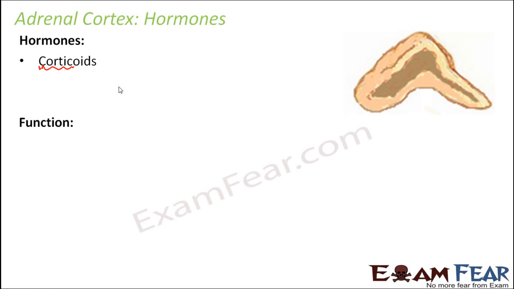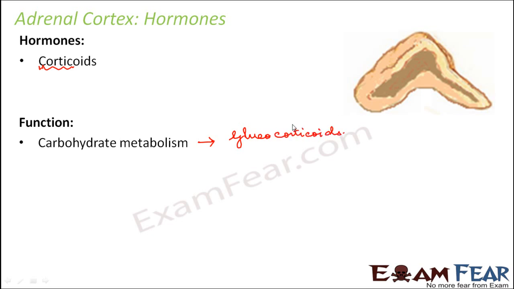So let us look at the function of the corticoids. It helps in carbohydrate metabolism, and those corticoids which help in carbohydrate metabolism are called glucocorticoids, because carbohydrate is related to the word glucose. And one example of a glucocorticoid would be cortisol. So cortisol is an example of a glucocorticoid which helps in carbohydrate metabolism.